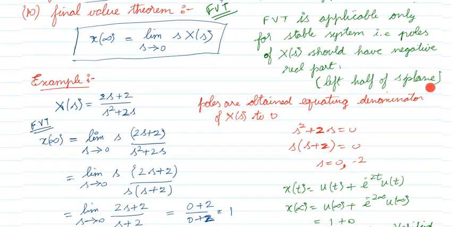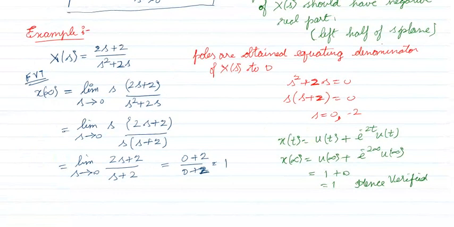Right. Now we take the same example. X of s is given. We are going to find the final value using the final value theorem. X of infinite is equal to limit s tends to 0 of s into X of s. So this is the X of s. Denominator taking s outside, so numerator s and denominator s get cancelled out.